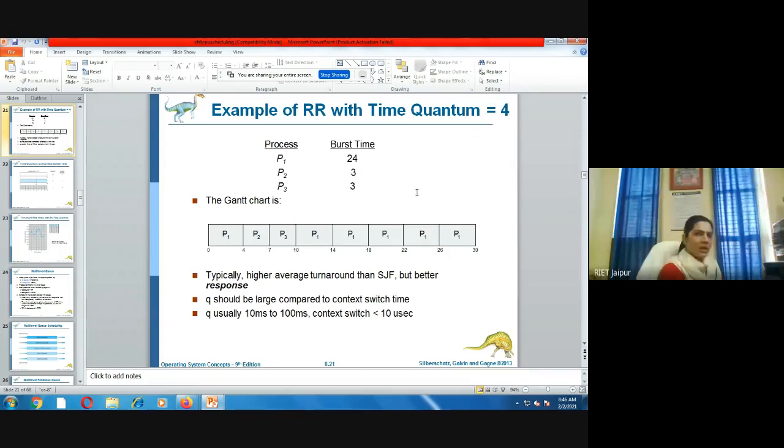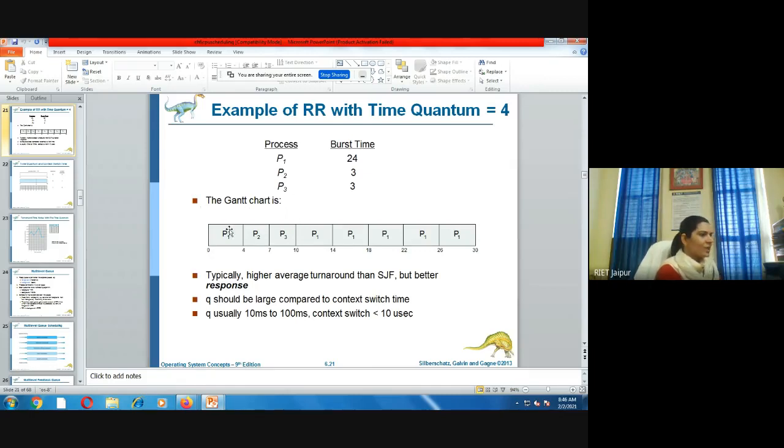Now 0 to 10, round 1 is over. In round 1 we have executed P1, P2 and P3, all the processes. The execution of P2 and P3 is over because their execution time is smaller than the time quantum.